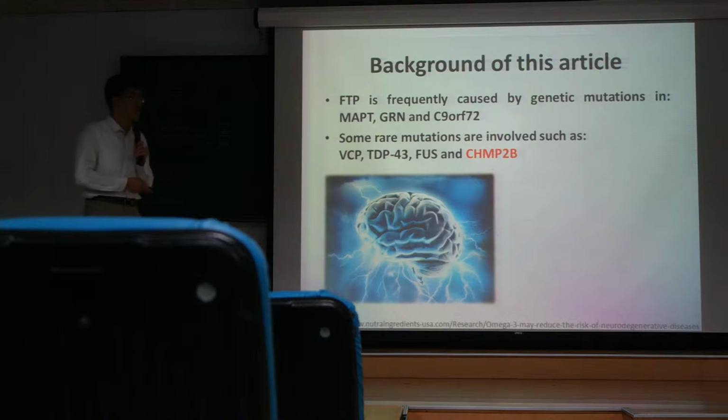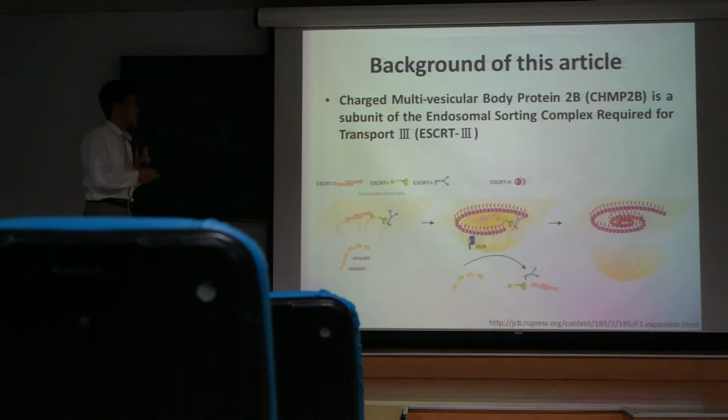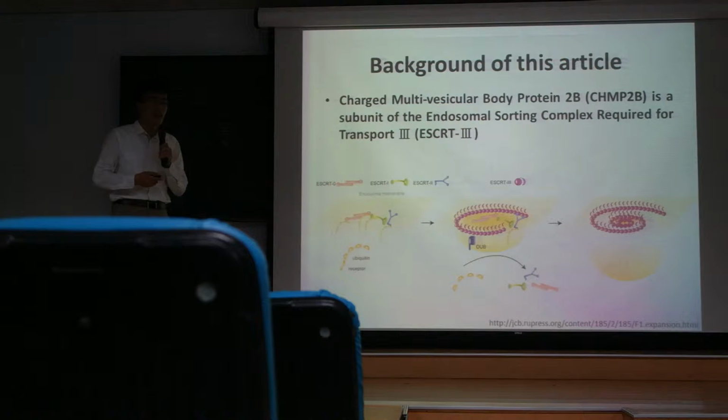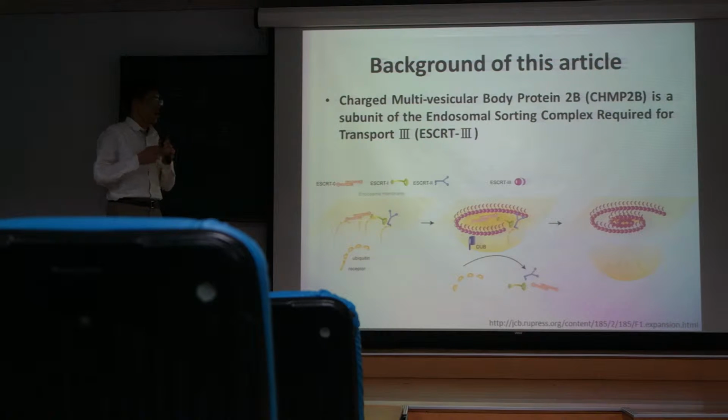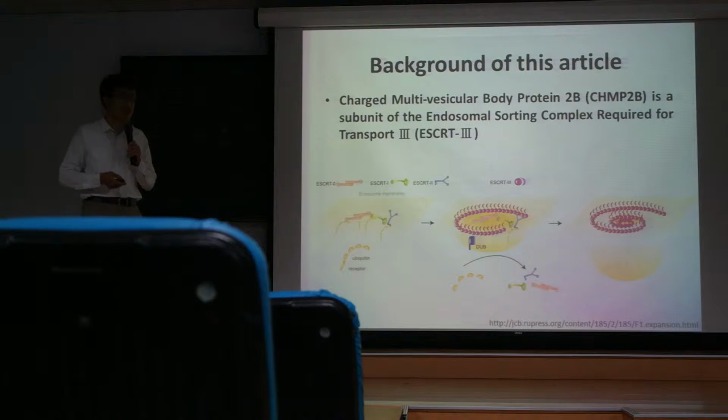So what is the CHMP2B mutation? It is the abbreviation of charged multivesicular body protein 2B, which is a subunit of ESCRT-III. ESCRT-III is usually located on the membrane, and assembling from ESCRT-0 to ESCRT-III, it will form a complex, and then it will trigger cells to undergo membrane budding and bending. This usually happens in cell division and the intracellular sorting process.